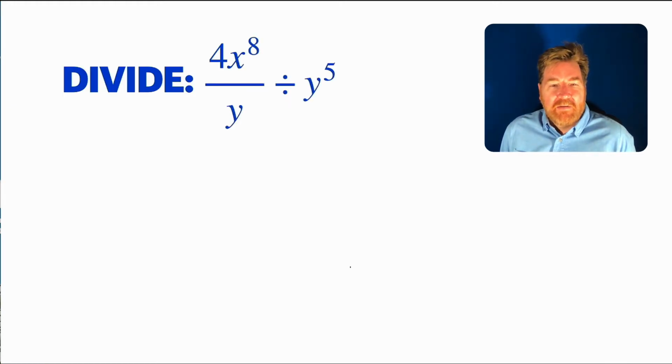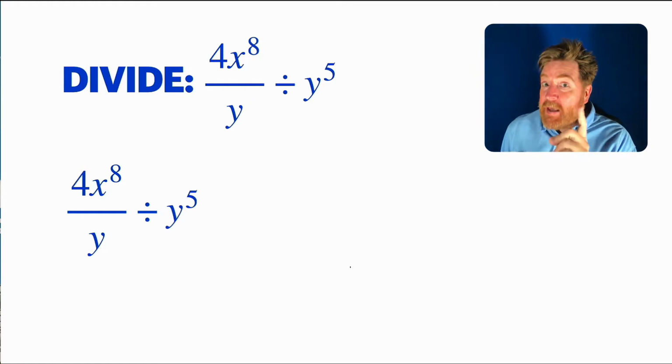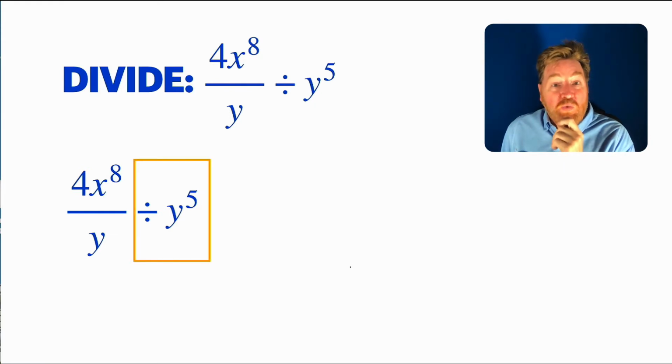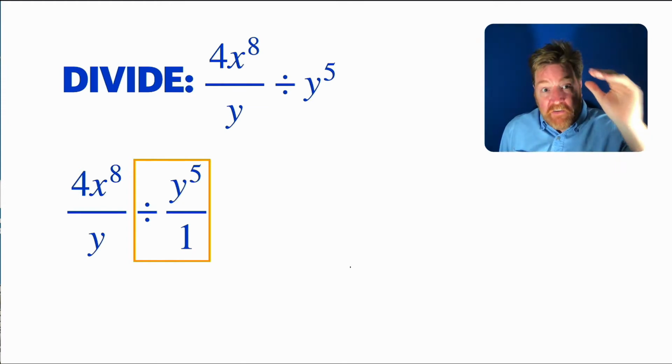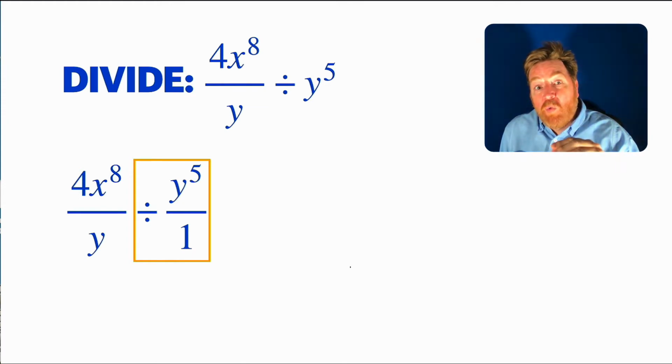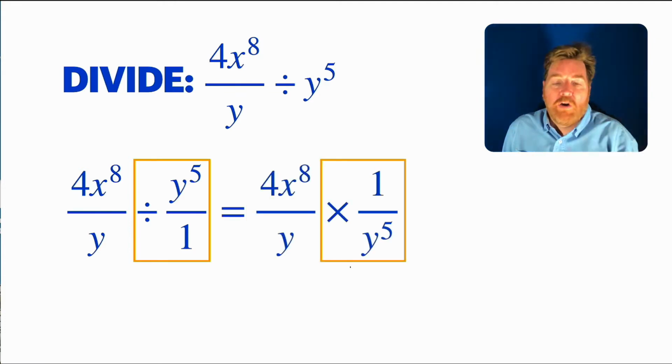4x to the 8th over y divided by y to the 5th. Ooh, interesting. All right, well, remember, dividing by y to the 5th. Oh, and you should remember that y to the 5th is really y to the 5th over 1, right? So we can think of division by y to the 5th over 1 as multiplication by its reciprocal, 1 over y to the 5th, and there we go.